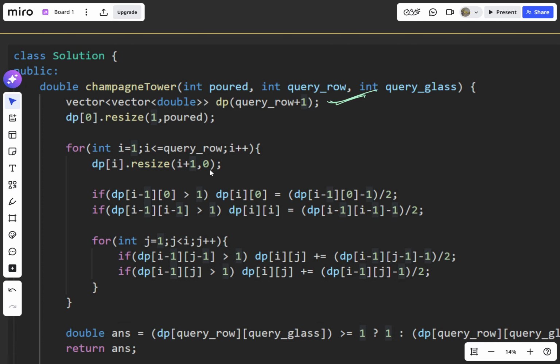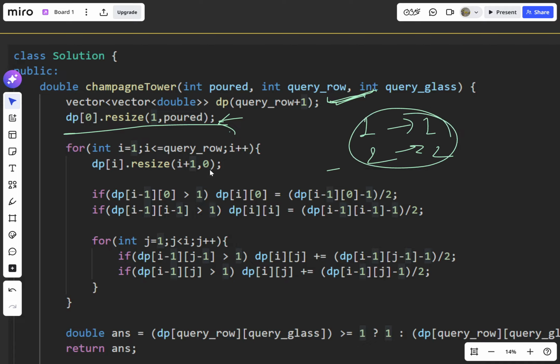And dp of 0 dot resize, we are resizing it because the size of every row is changing now. So for 1st row we have one size, for 2nd row we have two size, so that's why we are resizing it.